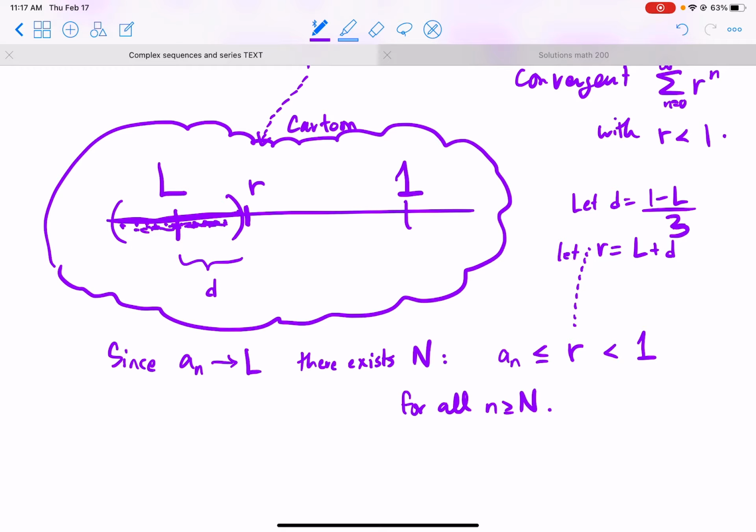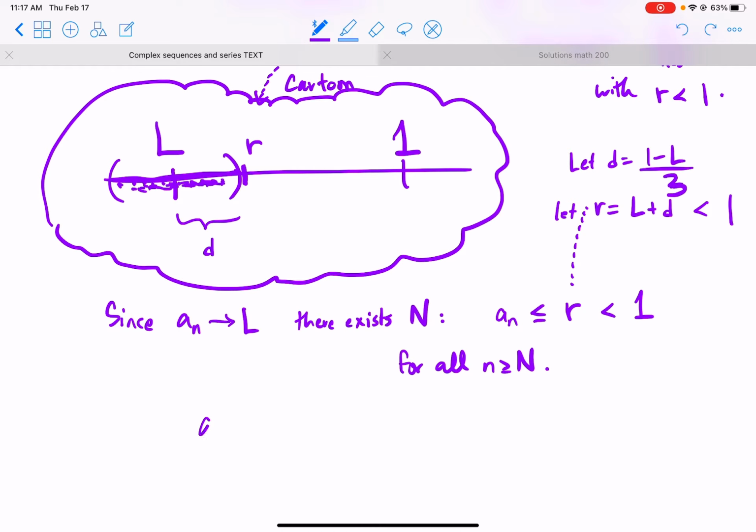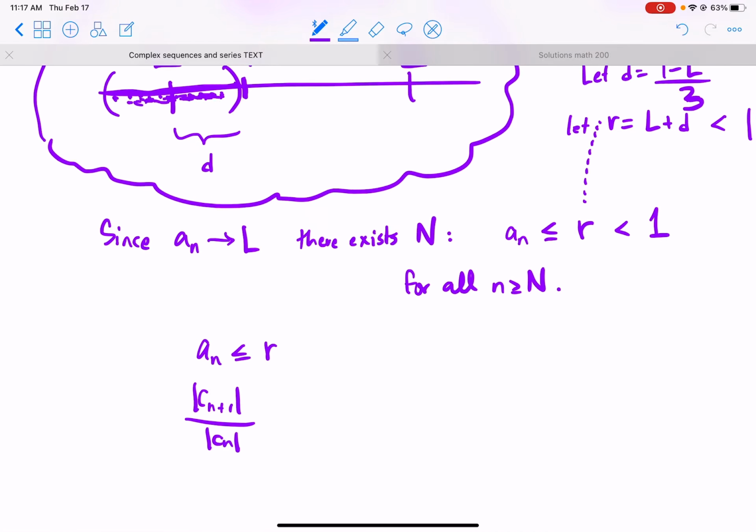The only thing that matters is that r is less than 1. If L is strictly less than 1, then we can find an r strictly less than 1 with all the a sub n's in here. But then a sub n is less than or equal to r. Well, what is a sub n? A sub n is this ratio of real numbers.